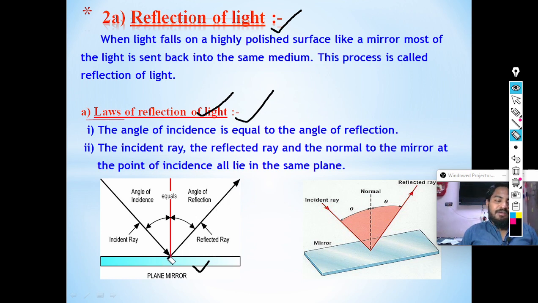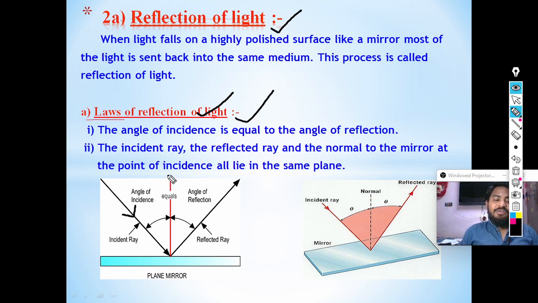So here, to decide the position of the incident light, we use the normal, right? By using the normal, we can address the incident light. When an incident light is falling on any surface, we cannot tell in which direction it has been incident, right?